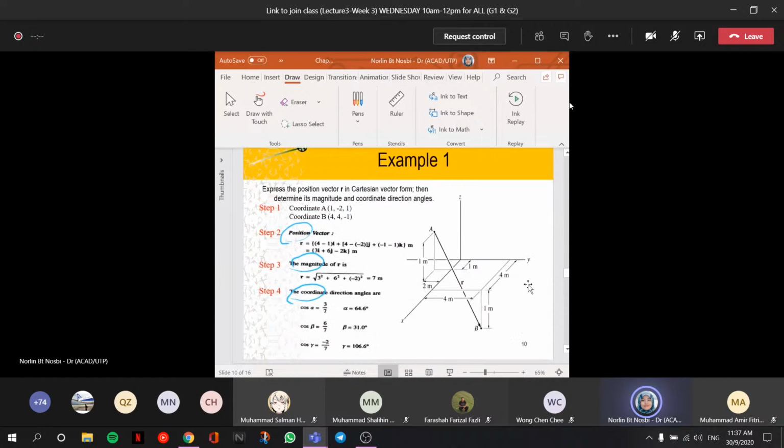For alpha, it is from the x-axis until the vector r. If you find here, you need to find the FR. FR coordinate is 3, 6, minus 2. So the angle from x until the r is alpha.